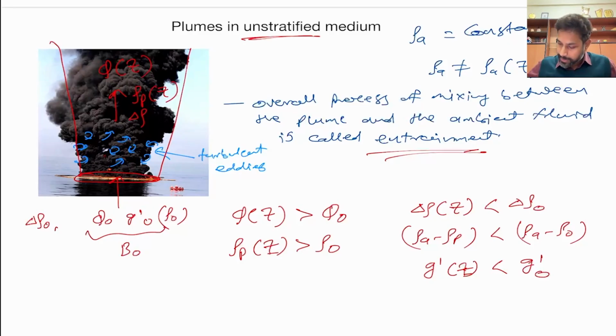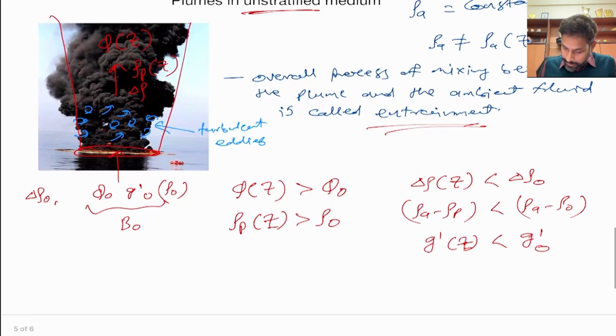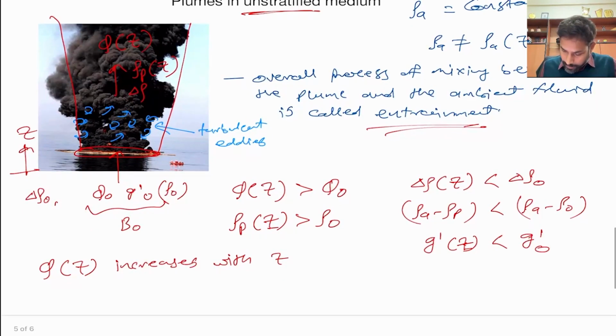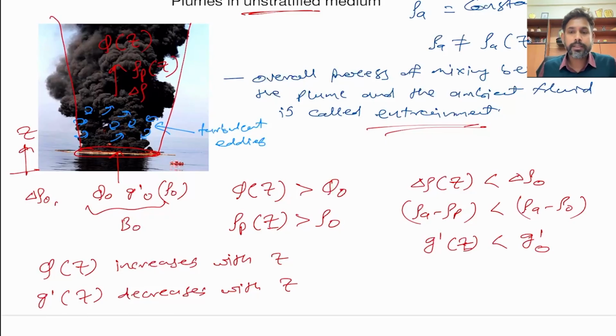And that is why here we see that while Q of z increases with z, where let's define this as z, g prime of z decreases with z. So volume increases but reduced gravity decreases.